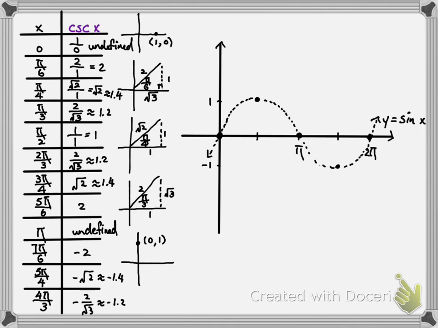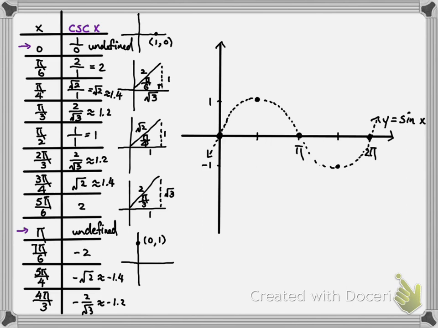Now we will plot the points. Let's look at all the undefined ones. Undefined means the graph cannot be defined at those x values, so at 0.